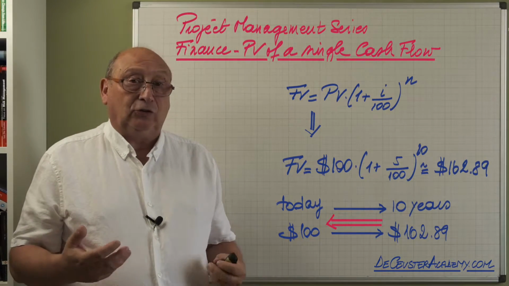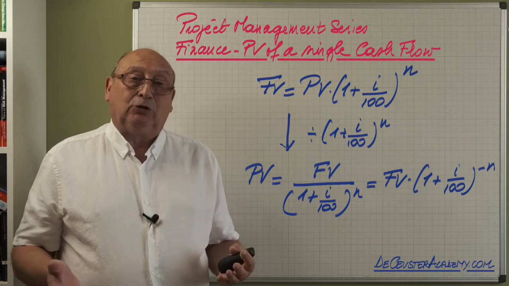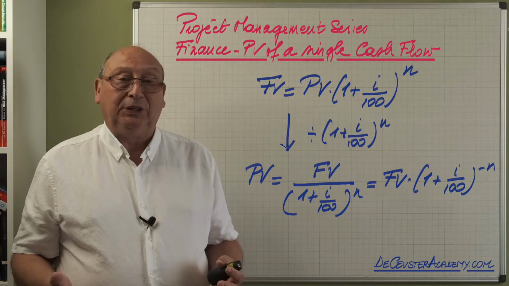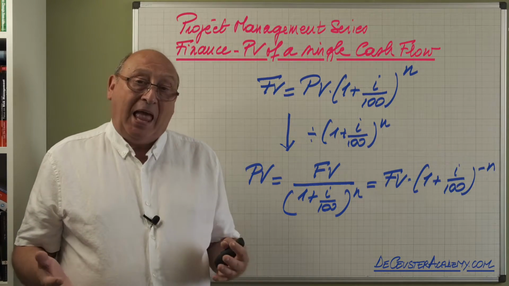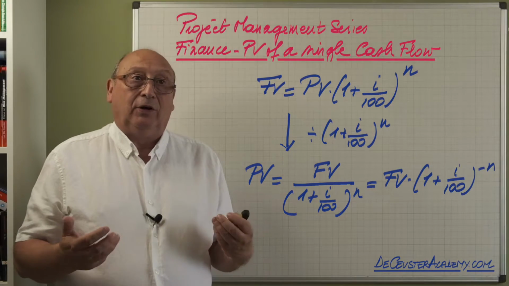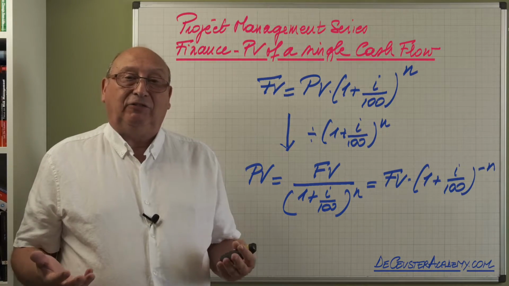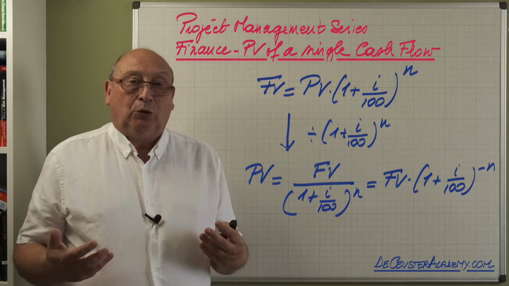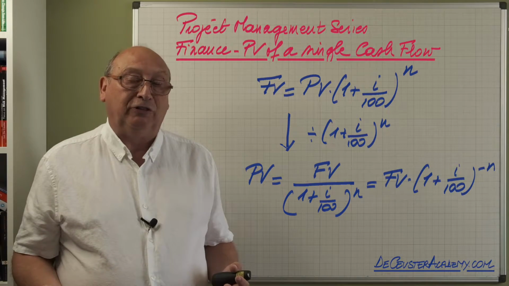Now, we found that the future value is equal to the present value multiplied by 1 plus the percentage to the power n. When we divide both sides by 1 plus the percentage to the power n, we find a new expression which gives us the present value as a function of the future value.